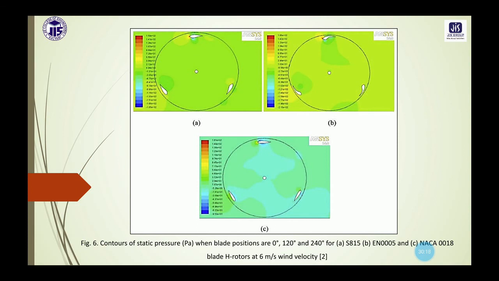From this contour plot, we can see in the legend various pressure magnitudes written, and corresponding to the color combination inside the turbine circle, we will identify the pressure magnitude at that point. So this contour plot is very much necessary.